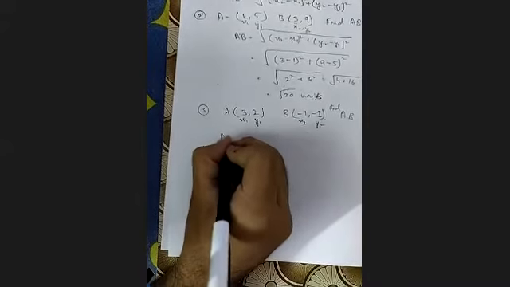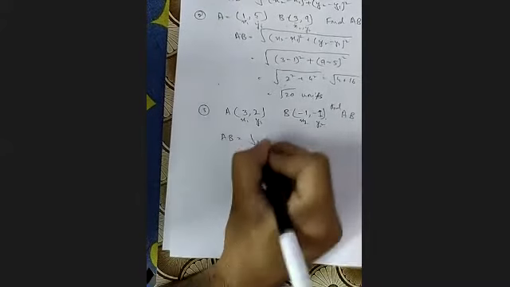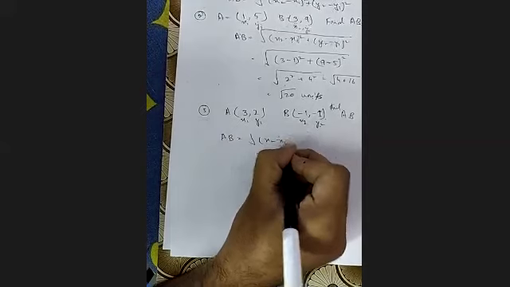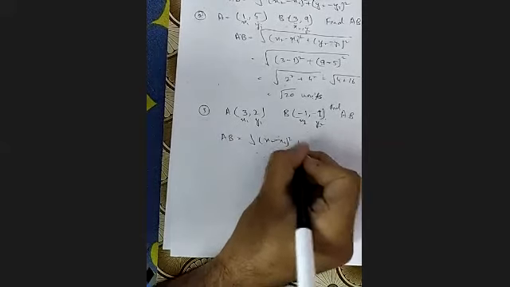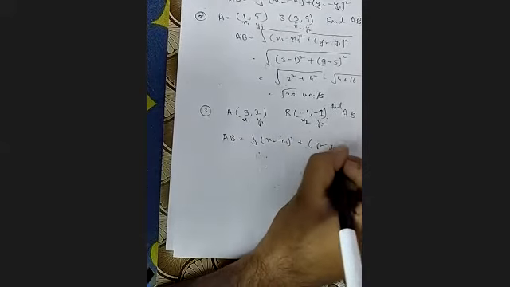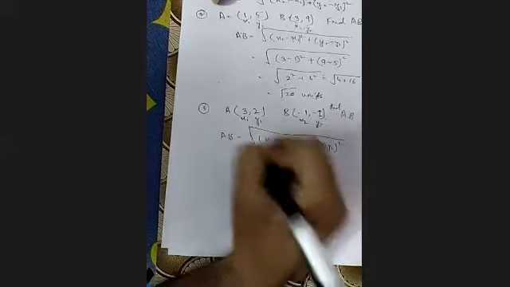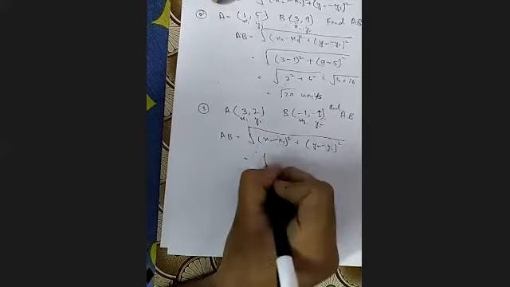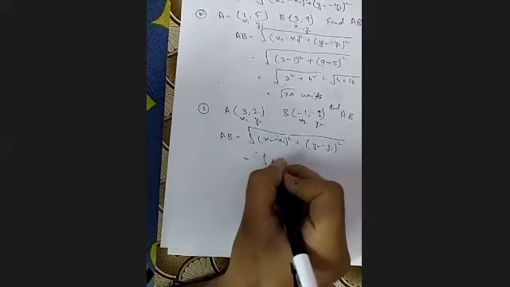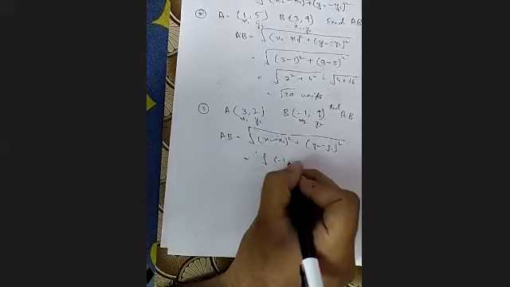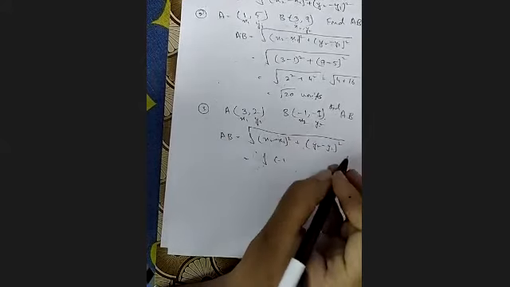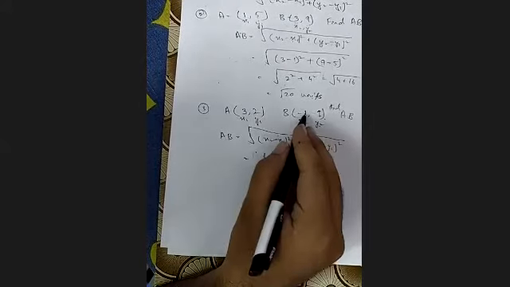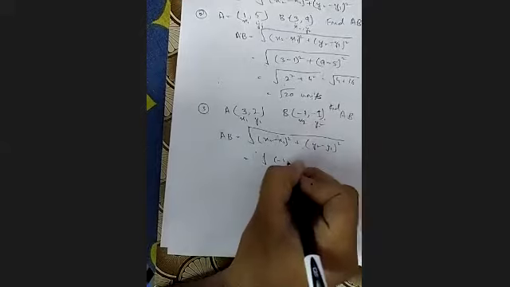Now substitute. AB will be equal to root of x2 minus x1 whole square plus y2 minus y1 whole square. So what is x2? x2 is nothing but minus 1. x1 is nothing but 3.